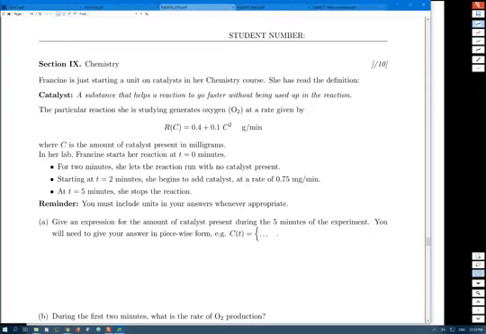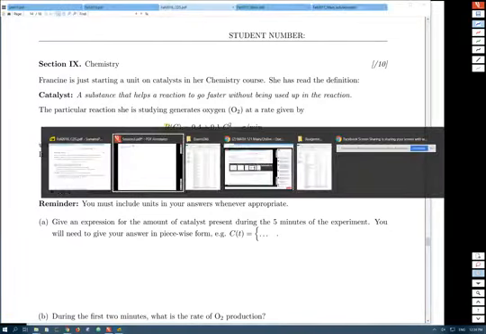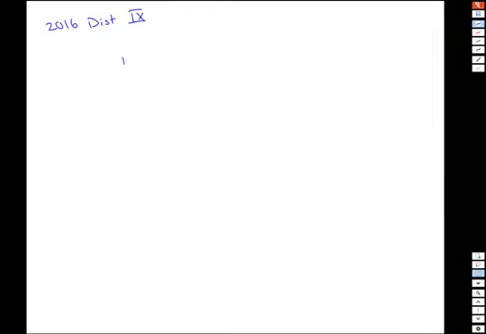There's a reaction that generates oxygen at a rate given by this: the rate as a function of the catalyst, and it's important to keep all the ingredients in this question as clear as possible in your mind. 0.4 plus 0.1 c squared.